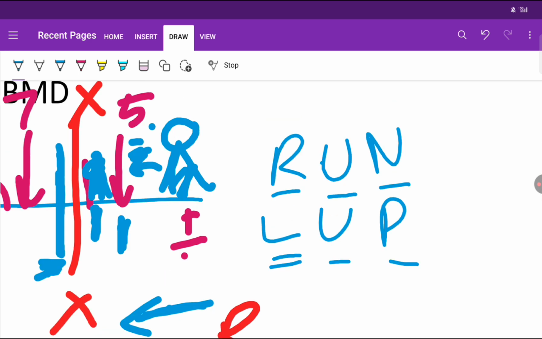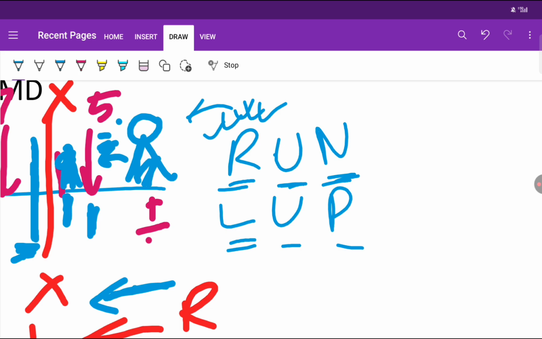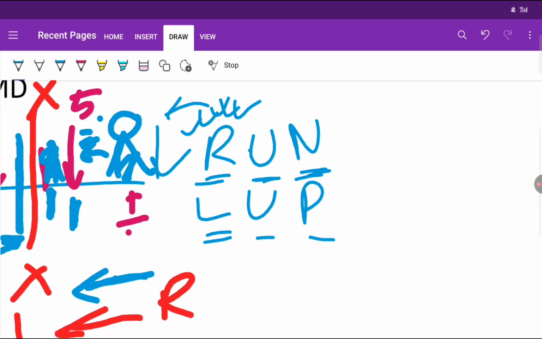In our case we went from right to left. That is our right upward negative. Right upward force is negative, and there is no upward force. There is a vertical downward force, right? If the force is downward, then it will be positive. So our 5 mangoes will be positive. Why positive?